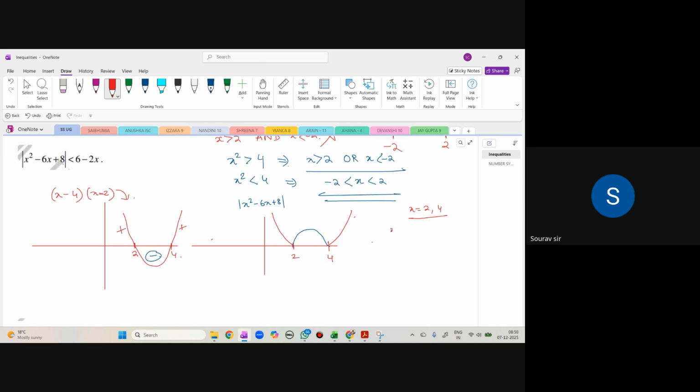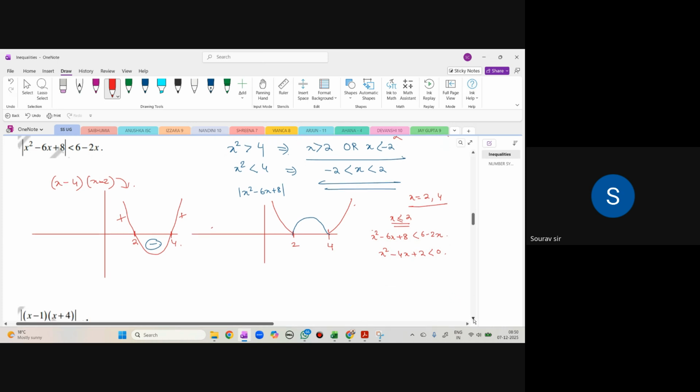So when x is less than 2, or you can write less than equal to 2 also, then the expression is positive. That means I can write x square minus 6x plus 8 less than 6 minus 2x. So x square minus 4x plus 2 less than 0, right?